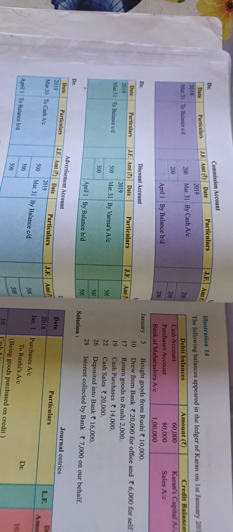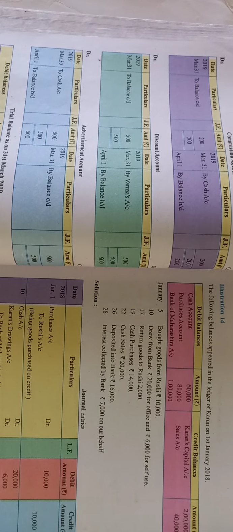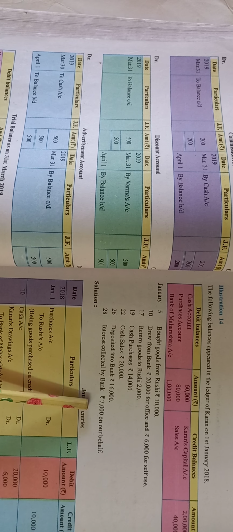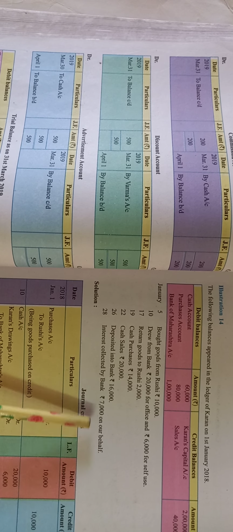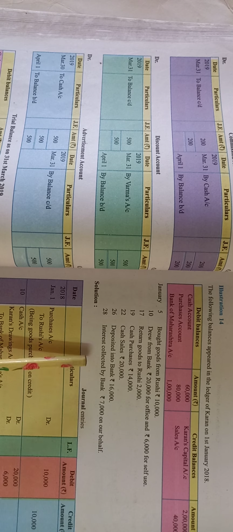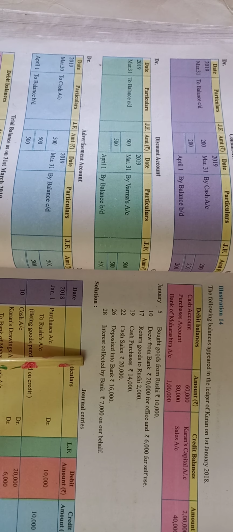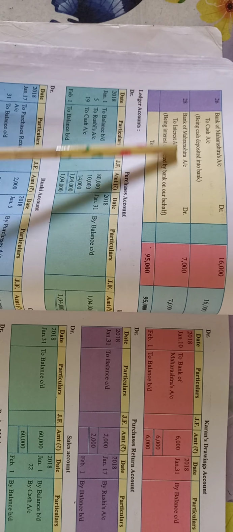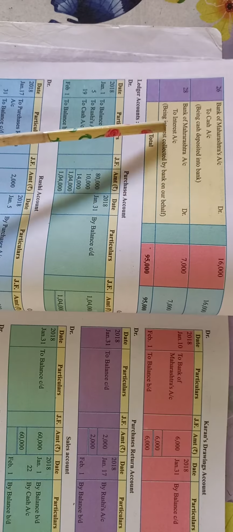After that, last transaction, that is date 28, interest collected by bank rupees 7,000 on our behalf. In this transaction, the bank collected our interest. So date 28, journal entry, Bank of Maharashtra account debit 7,000 to interest account credit 7,000.